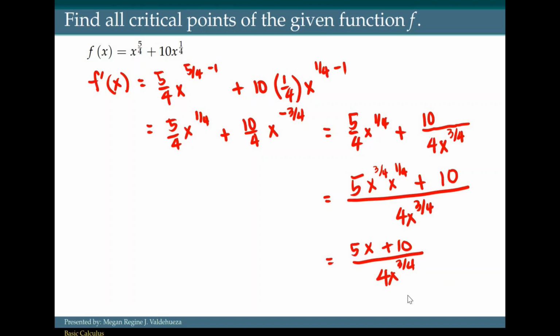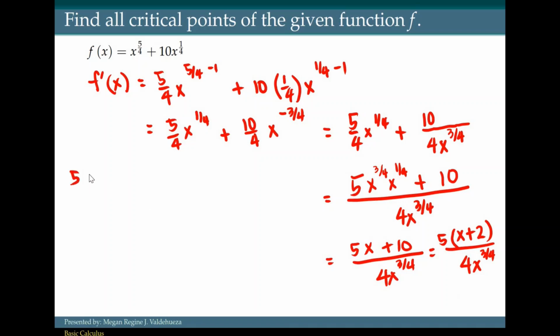Right? So we can have this one, or you can factor the numerator, and that becomes common monomial 5x plus 10 divided by 5. So we have x plus 2 over 4x to the power of 3 over 4. These are just equivalent expressions. So from here, we will equate this to 0.